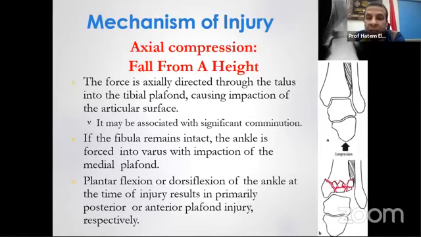So it is associated with significant comminution. If the fibula remains intact, the ankle is forced into varus with impaction of the medial plafond. Plantar flexion or dorsiflexion of the ankle at the time of injury results in primarily posterior or anterior plafond injury respectively.